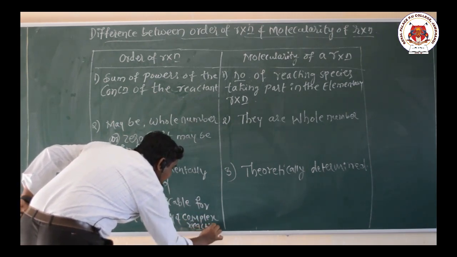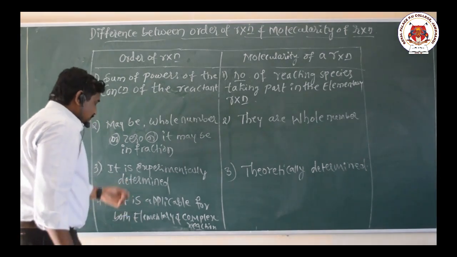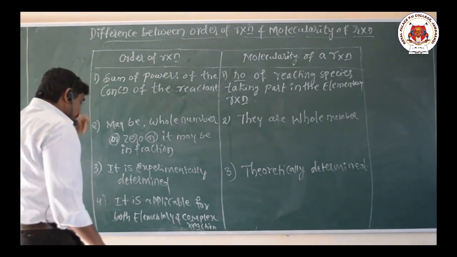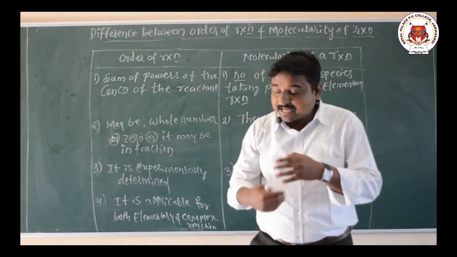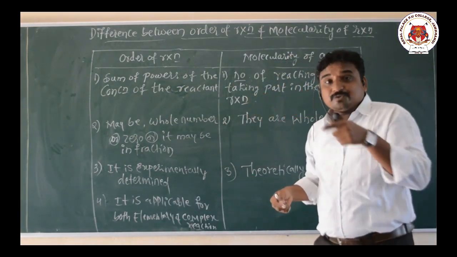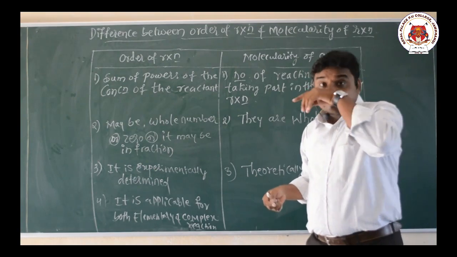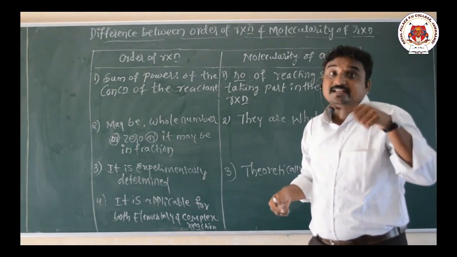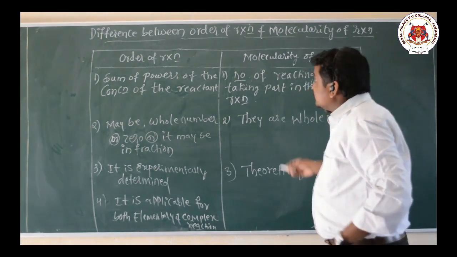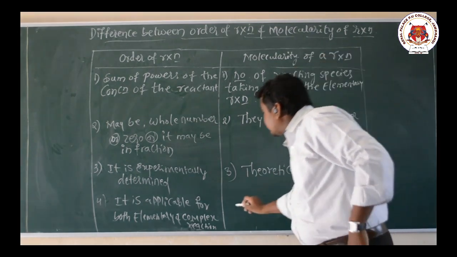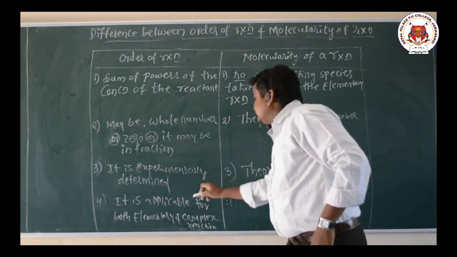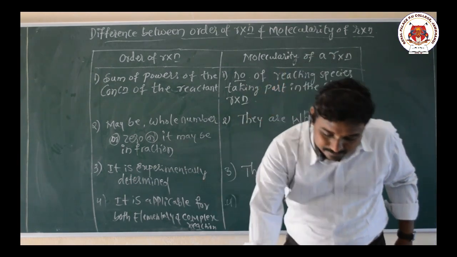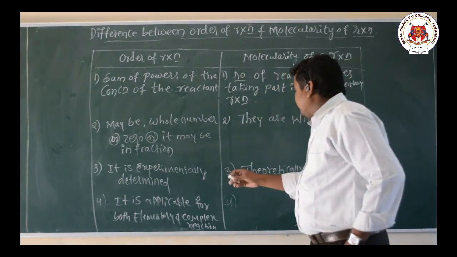Elementary reactions are single step reactions where there is no formation of an intermediate, whereas in a complex reaction a sequence of elementary reactions takes place, in which one step is very slow, and that is the rate determining step. In the case of molecularity, it is applicable only for elementary reactions and not for complex reactions.